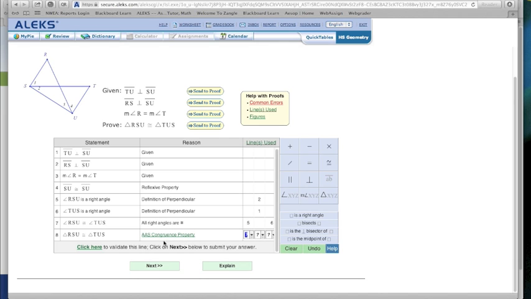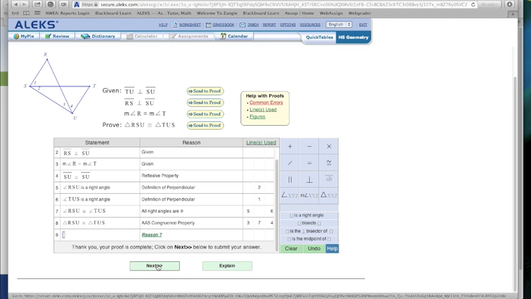And the three components I'm using is this angle, which is step 3, this angle statement, which is step 7, and this side statement, which is step 4. And at this point, I've proven what I set out to prove. I should be able to click next, and it will accept that as a complete proof.